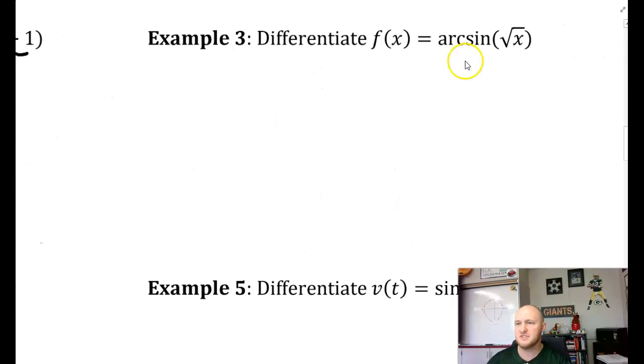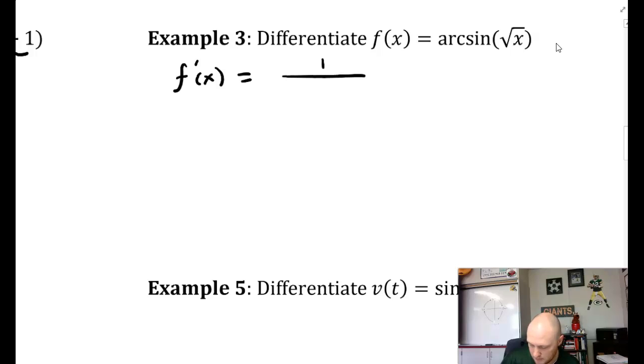Example 3. Differentiate f of x is equal to arcsine of the square root of x. Okay, I'm going to go ahead and use my arcsine derivative rule, which is 1 over the square root of 1 minus x squared. And again, in this case, I have a u.